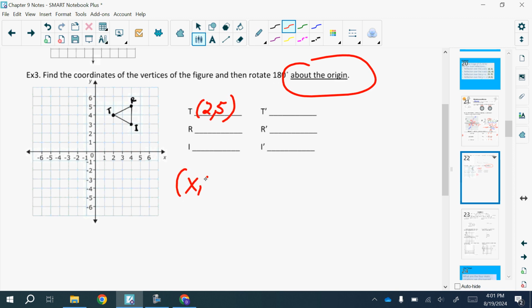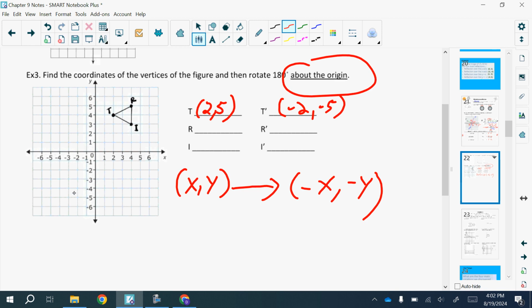Our rule for 180-degree rotations is we go from (x, y) to (-x, -y). Therefore, since T is 2, 5, after you rotate that 180 degrees, T prime will be -2, -5, which is right here. This is T prime.